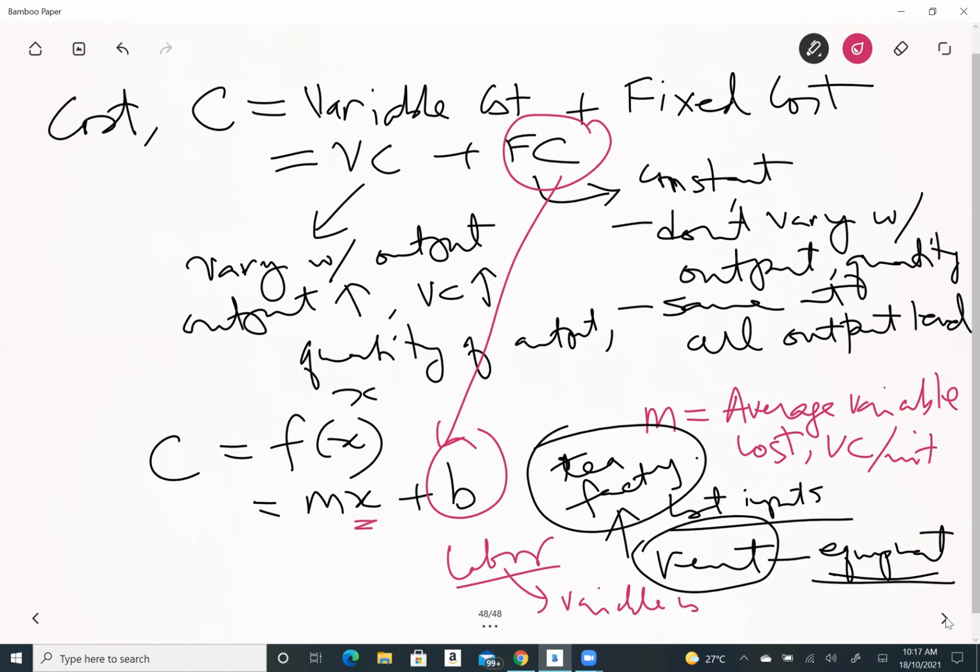So that is the idea. So you will see here the cost is equal to mx plus b. Example, let's say I have C equal to 0.9x plus 200. So 200 is our fixed cost, 0.9 is the slope of the cost function, that is the average variable cost.